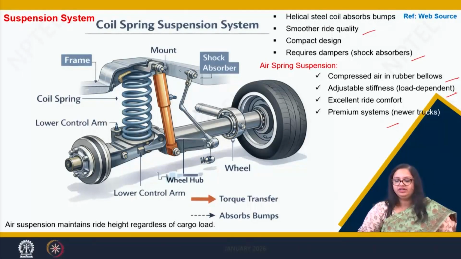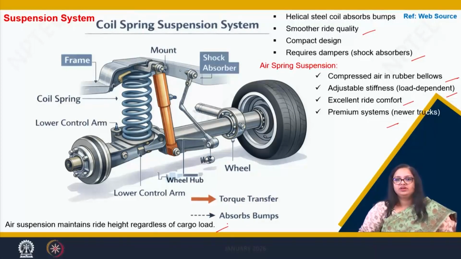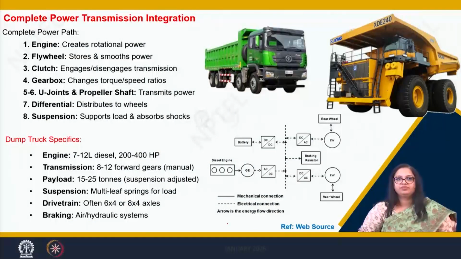It has excellent ride comfort, and it is in premium systems, that is, in the newer trucks you would find this air spring suspension system. Also, in air spring suspension it maintains ride height regardless of the cargo load. So, they are quite effective in the newer systems.